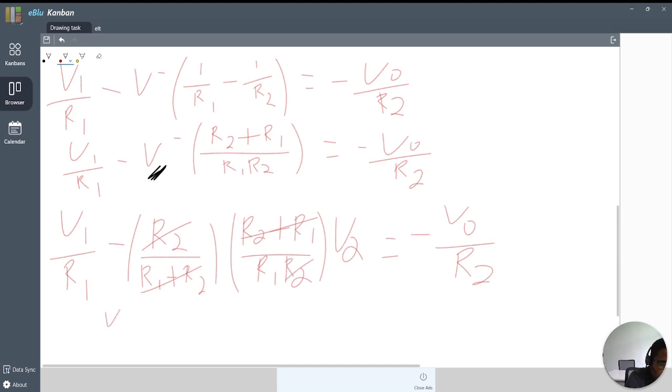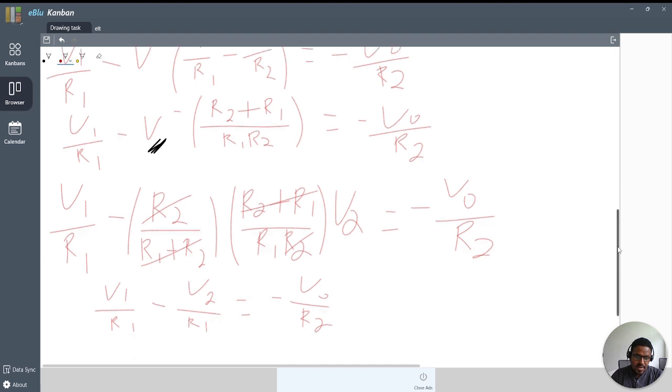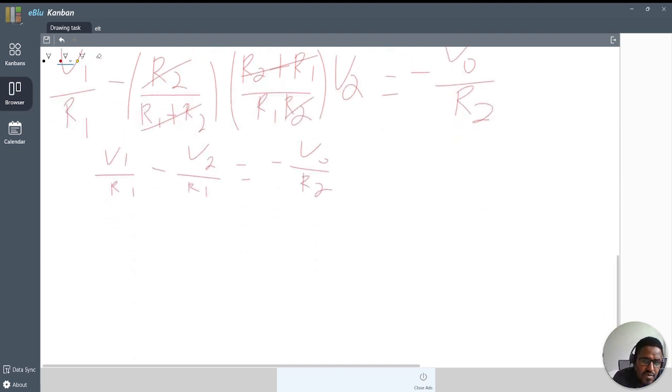So our result: V1 over R1 minus V2 over R1 becomes minus V out over R2. Again, to get V out, when simplified, V out means minus R2 over R1 times V1 minus V2.